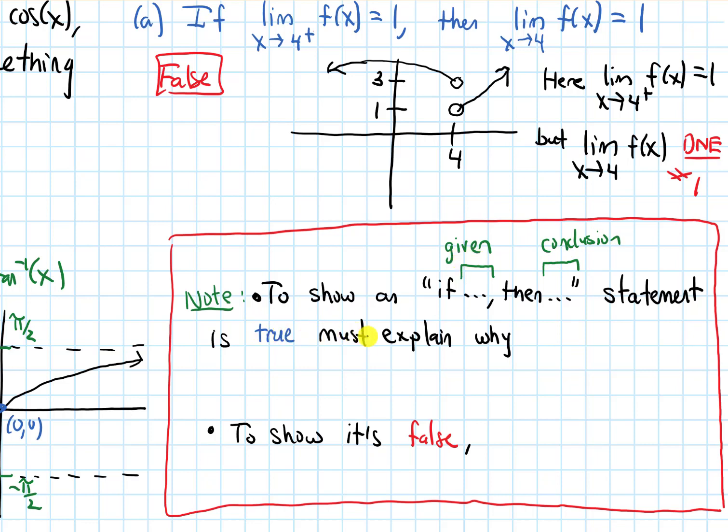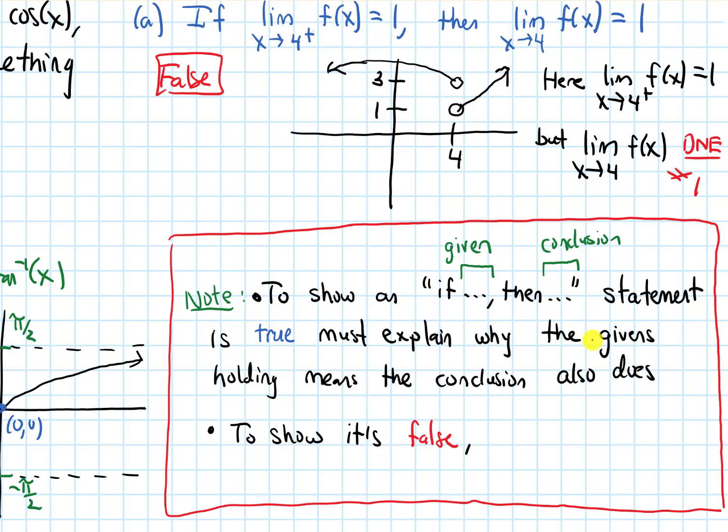So for an if-then statement to be true, we must explain why the givens holding, which means the givens being true, means the conclusion also does. So when the givens hold, if that means that the conclusion also has to hold, has to be true, then the whole if-then statement is true.